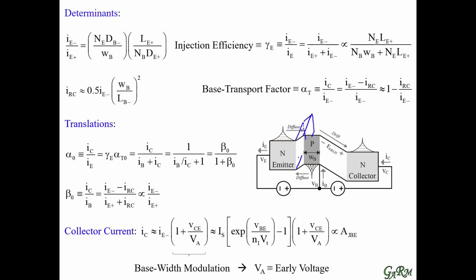And in this square region here, if you can imagine that, that's the junction area between the emitter and the base. The larger that area, the higher the reverse saturation current, and as a result, the higher the collector current. So the main point here is that the collector current will be directly proportional to that base emitter junction area.